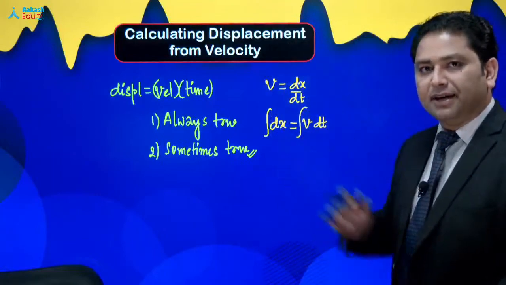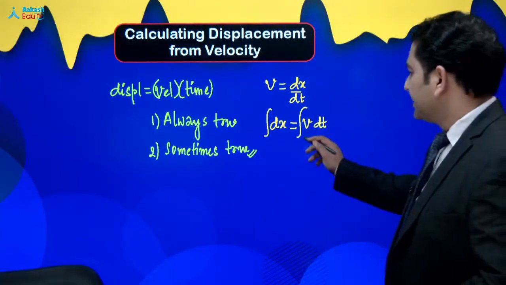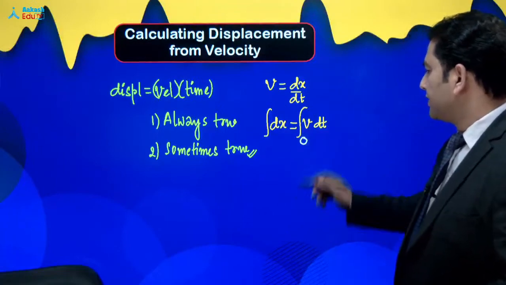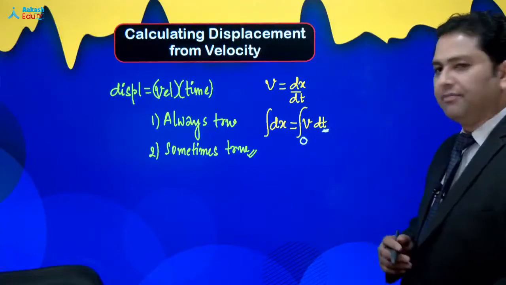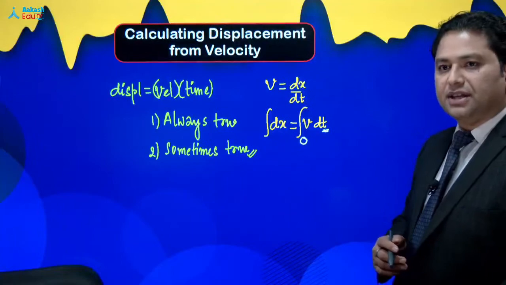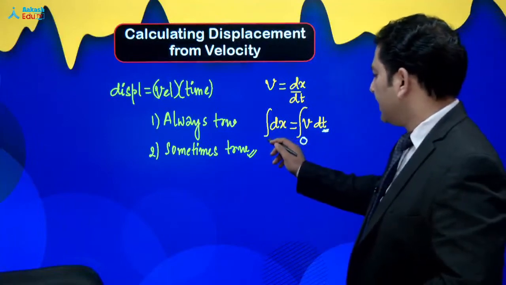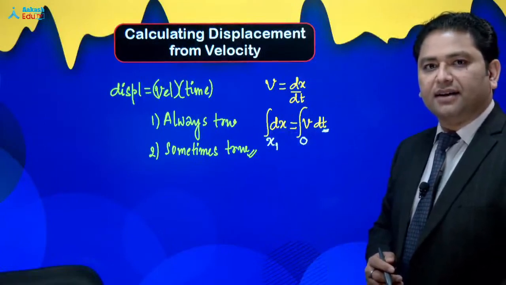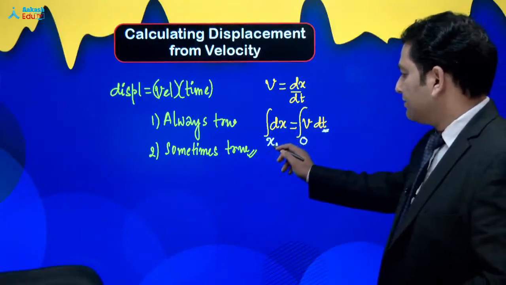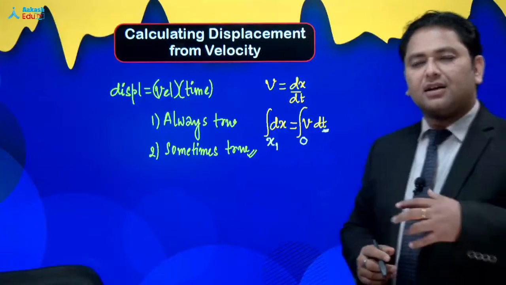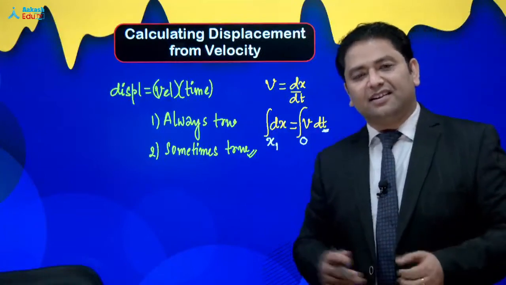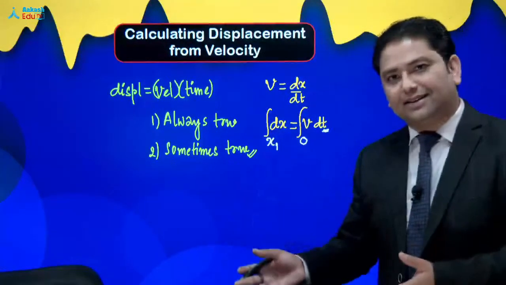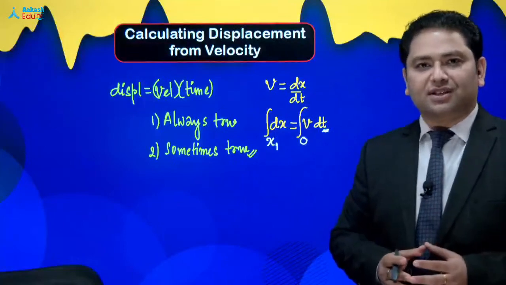Once again, let's put limits. At t equals to 0, here we will put the limit of t. At t equals to 0, I would say the value of x is x1. All right. Here also a mistake can happen: we have a tendency to always say at t equals to 0, x equals to 0.